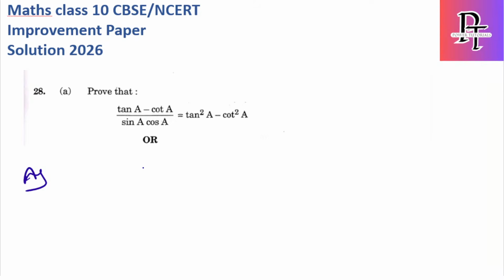So tan A minus cot A, for this question the only trick is we have to convert everything into sin and cos, then only we can easily solve this question.